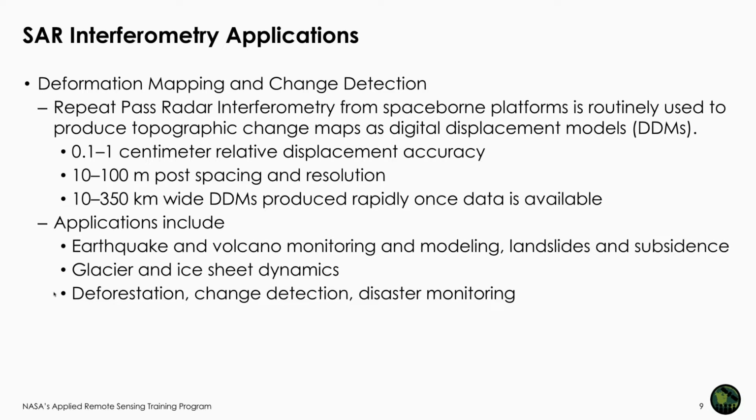Other satellite systems use a resolution that's closer to 100 meters. And the area that we can measure varies from about 10 kilometers wide to 350 kilometers wide for the widest InSAR displacement maps.